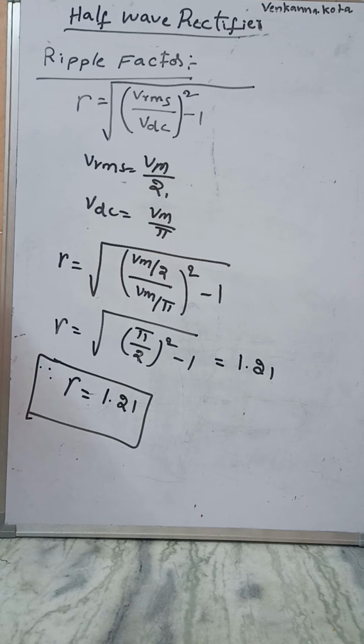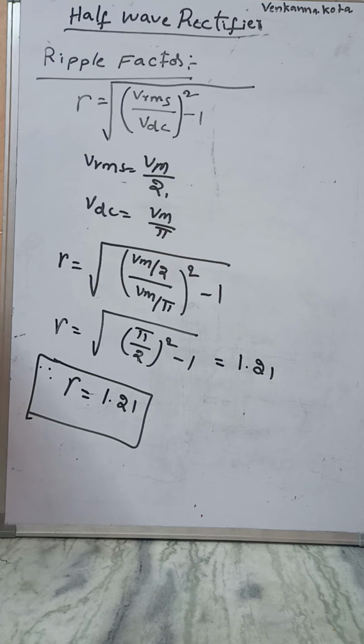Why? Because the AC present in the output is 121% of the DC component. How is it possible? Practically it is not possible.